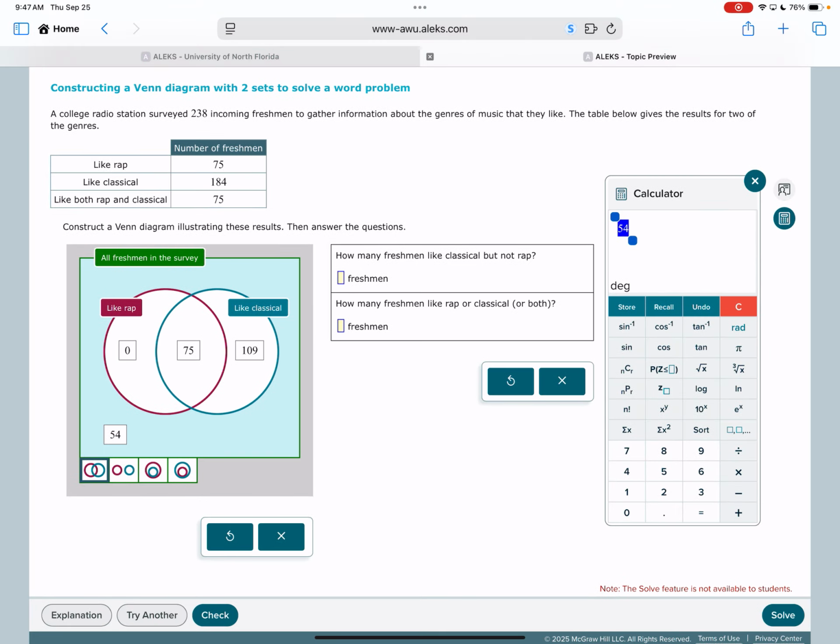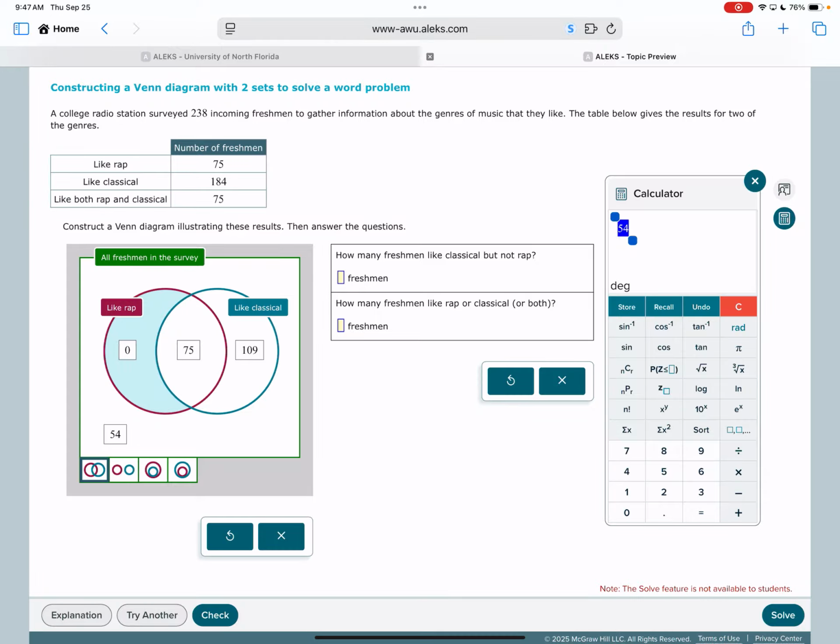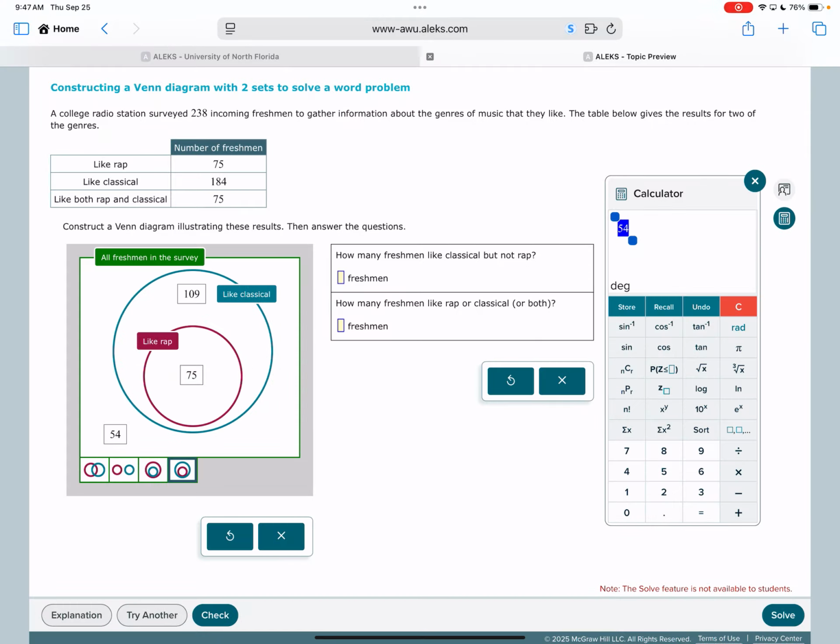Now, the thing that makes it tricky, just like we did the other day, is we don't have anything in this circle right here, right? There is nothing in that circle, so technically we should do this one because everybody that likes rap liked classical, so all the rap should be inside the classical. There wasn't anybody that liked just rap, okay?